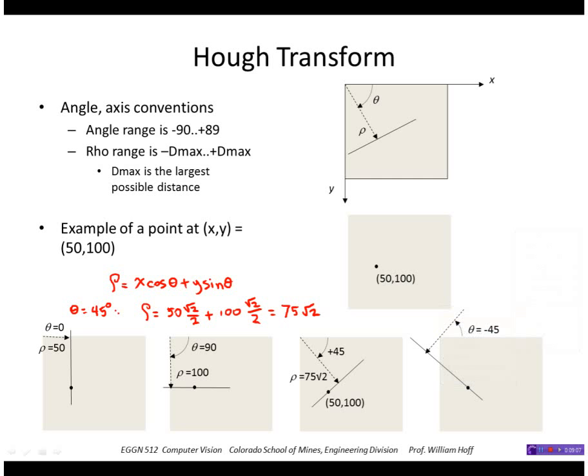So in that case, for a theta of minus 45, I'm going to have rho equals 50 times cosine of minus 45, which is still square root of 2 over 2. Sine of minus 45 is minus square root of 2 over 2. So I get minus 100 square root of 2 over 2. Or minus 50 square root of 2 over 2, which is 25 square root of 2.